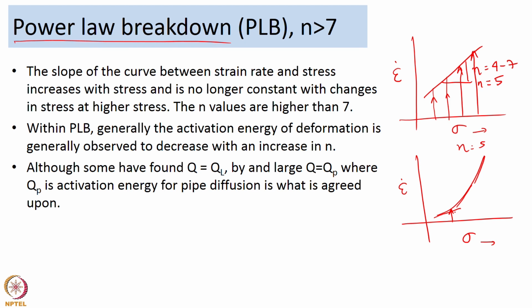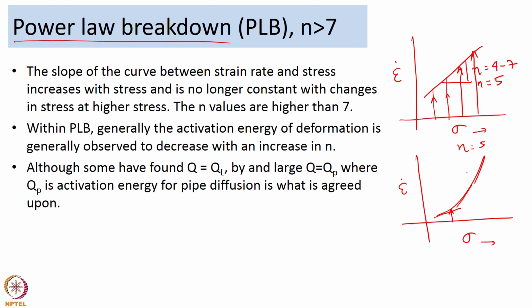If you get your creep data and plot the minimum creep rate, that is the secondary stage creep rate, against the applied stress, and you see the slope seems to change as a function of stress, then most probably you are in the power law breakdown regime.